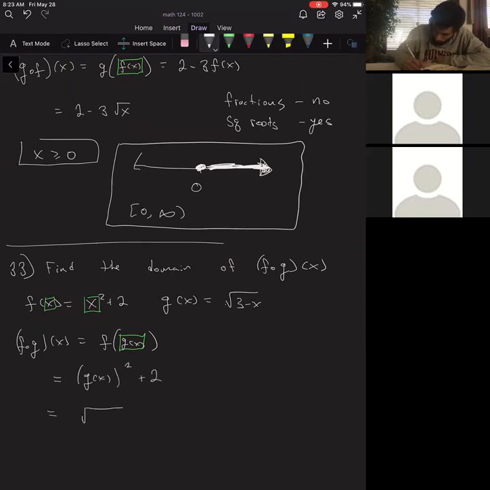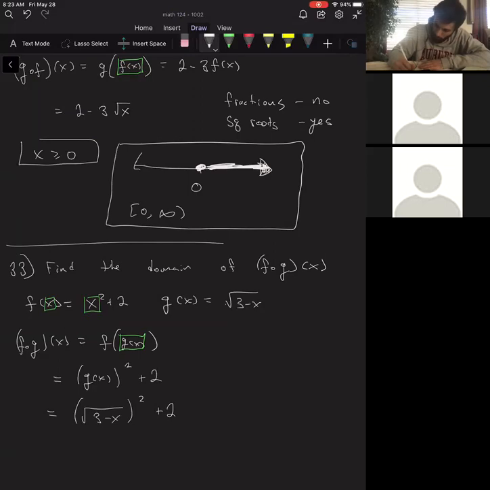So this is the square root of 3 minus x, squared, plus 2. Then we stop right here. Normally we could simplify: if we square a square root, it goes away, and we could write 3 minus x plus 2. But if we do that, we get the wrong answer when finding the domain. So we don't do any simplifying. Once we plug in our function, we stop right there and find the domain.